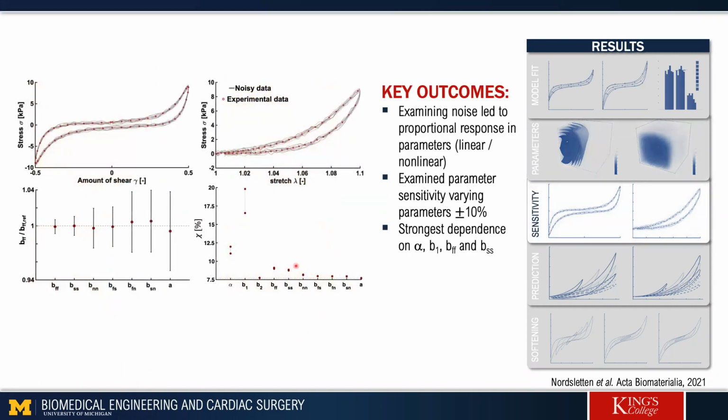Okay, so we also looked at sensitivity, so how do these parameters depend on the data? I might just jump a little bit here, as I can see that we're running short on time. Essentially we looked at, if we have error in the material response that was measured, how does that change our parameters?